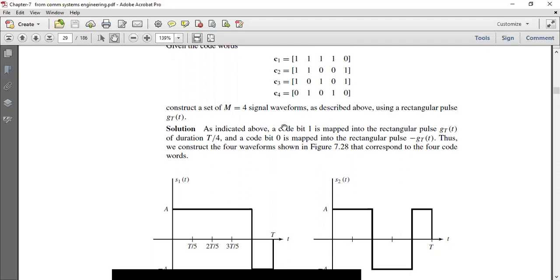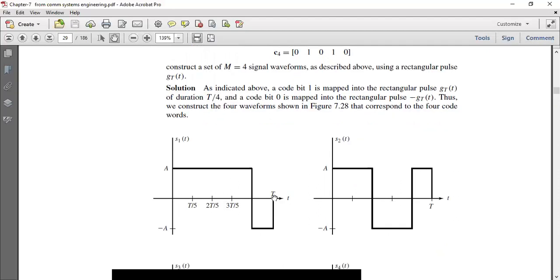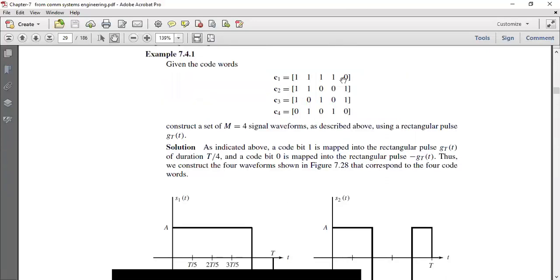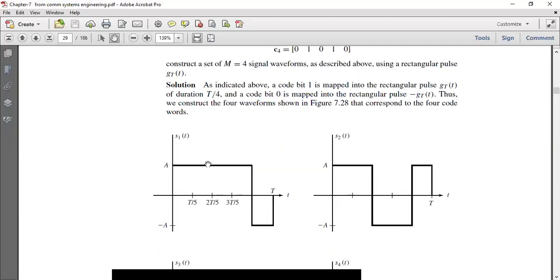So we will divide the time interval T into 5 different time intervals: T/5, 2T/5, 3T/5, 4T/5, and then 5T/5. So mapping this code vector 1, 1, 1, 1, 0, we can generate this signal.